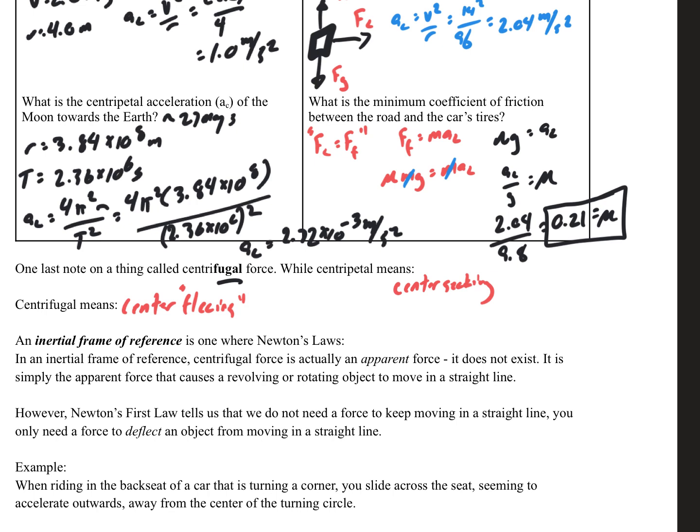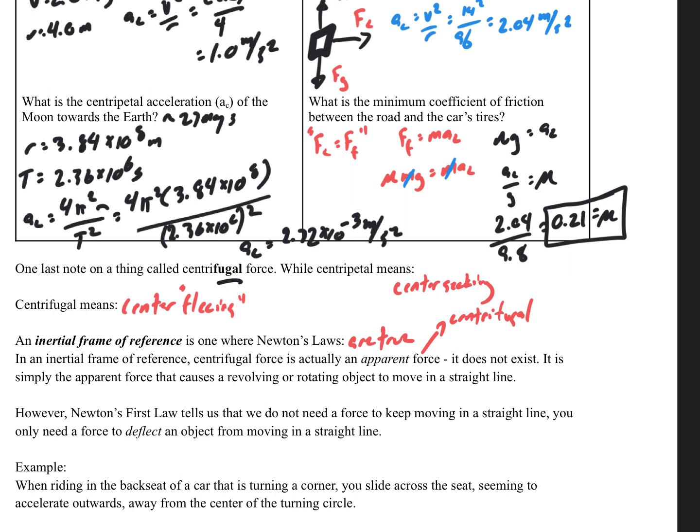Once again, more on this later, but the inertial frame of reference we're talking about is when all of Newton's laws are true, and the apparent force is that centrifugal force. It's that feeling that something is being pushed away.